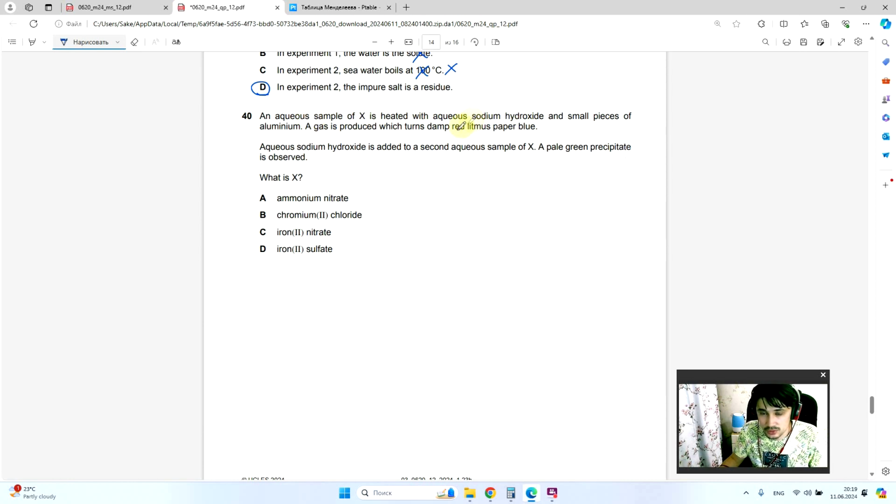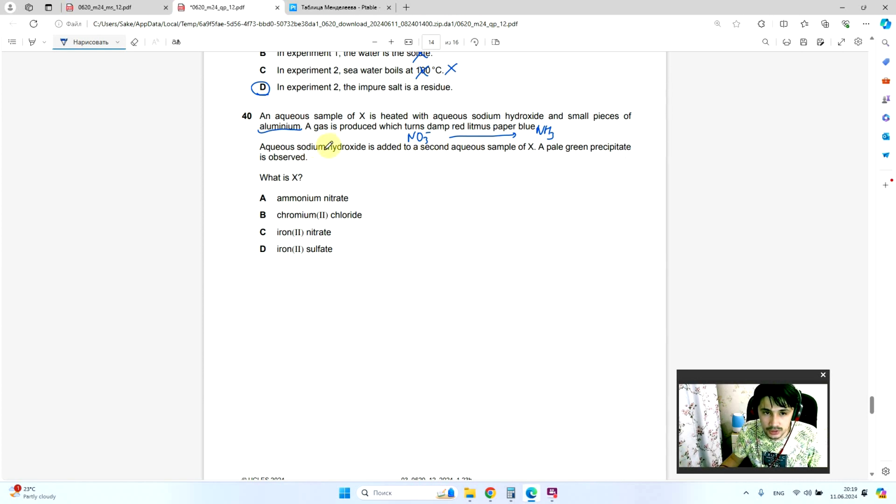This is a description of the production of ammonia gas, which turns damp red litmus paper blue. Ammonia gas can be produced in various ways, but if you see aluminium and sodium hydroxide heated together, you're probably obtaining it from nitrate ions. So X contains nitrate ions.